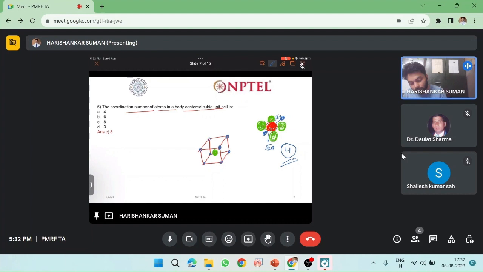What will be the distance between this and this? And let's say another here, this and this. Which distance is minimum? Centered atom or corner atoms?